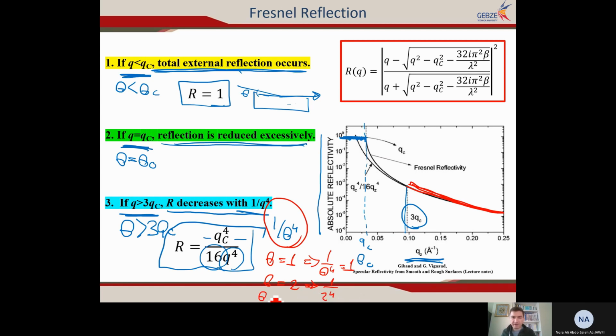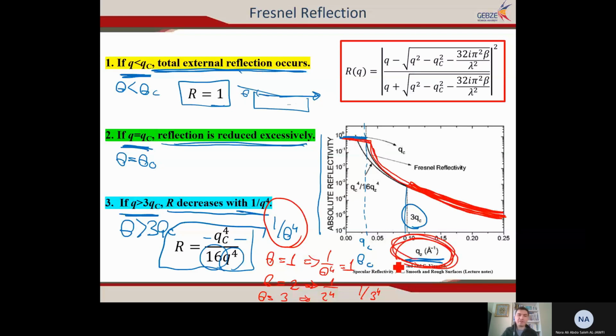And for theta is 3, this goes 1 over 3 power 4. So it decreases in this behavior, this power 4. Okay, this is the explanation of the shape of the reflectivity curve as a function of Q or theta.